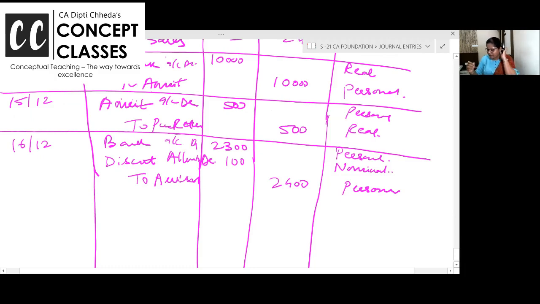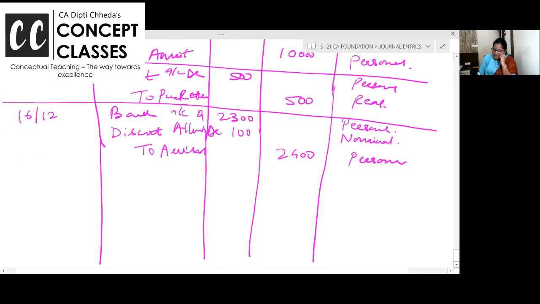I may be writing a little fast because I'm explaining and writing together. If my writing is not clear anywhere, ask me. Bank account debit 2,300. Discount allowed is my expense. I have sold you goods of 2,400, you're paying me 2,300, and 100 rupees is discount allowed.